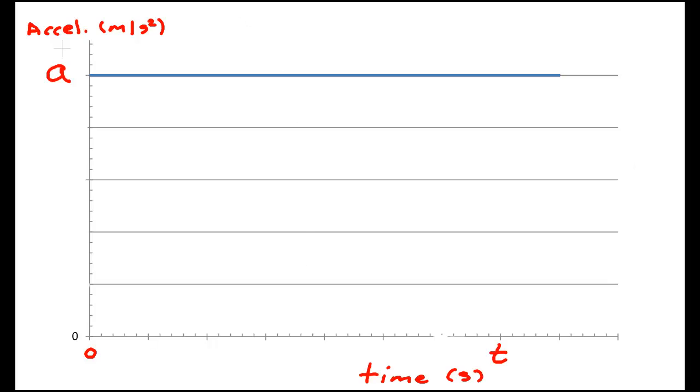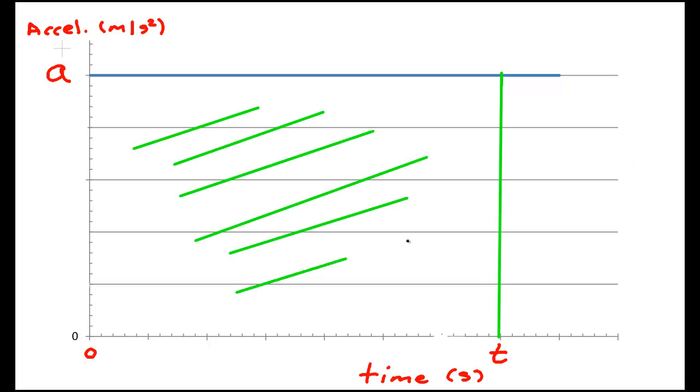So what I'm going to do is I'm going to come down here to t, and I'm going to pull our little line up here and touch it on our, and what we see is that we have a rectangle. And we know how to calculate the area for rectangles.